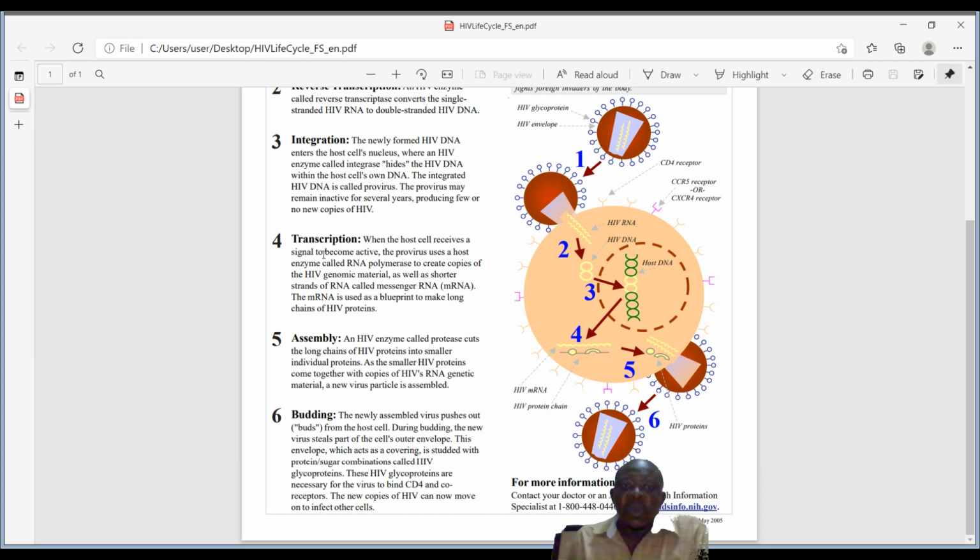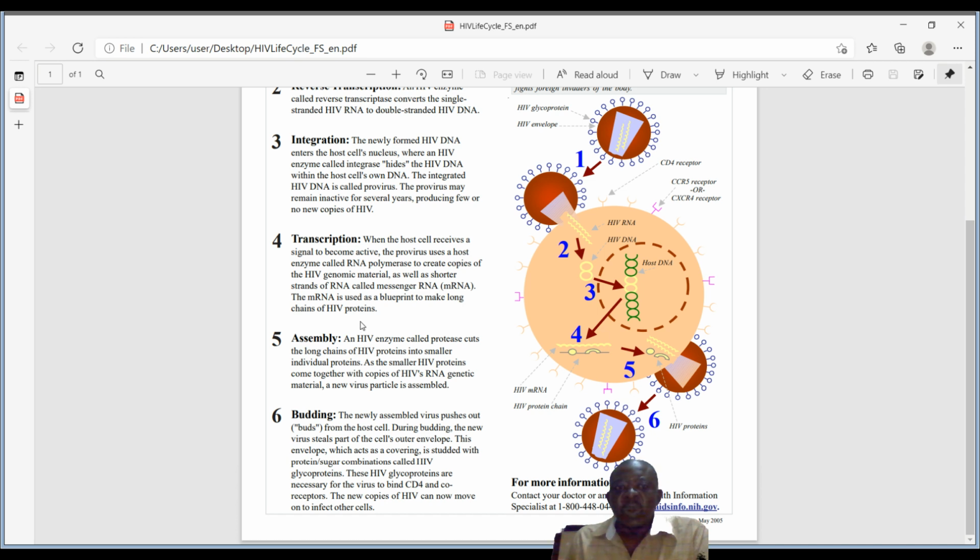So this is all happening in transcription. The messenger RNA will now be used as a blueprint to make chains of HIV proteins, or to make proteins that are required for the HIV virus to be made.